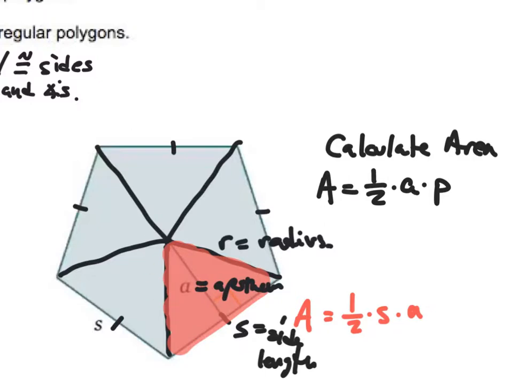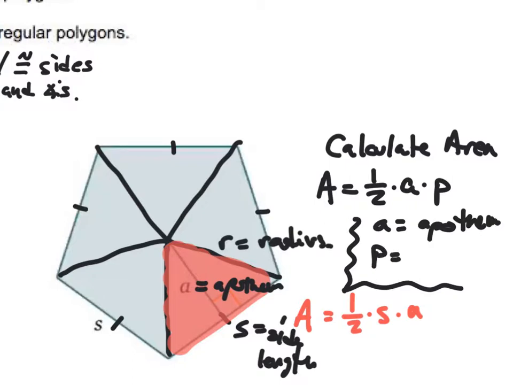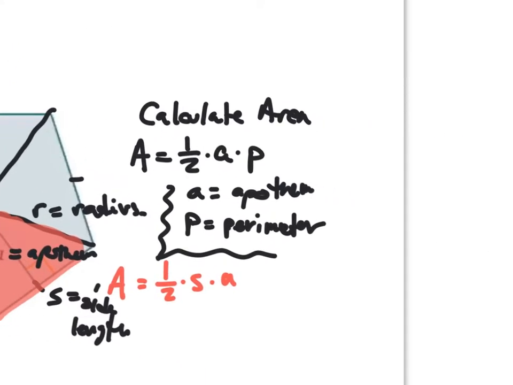Now let's talk for a quick second about this formula. Let me make sure we know that A is equal to the apothem, that length, and P is equal to the perimeter of the polygon. That's what we've got.